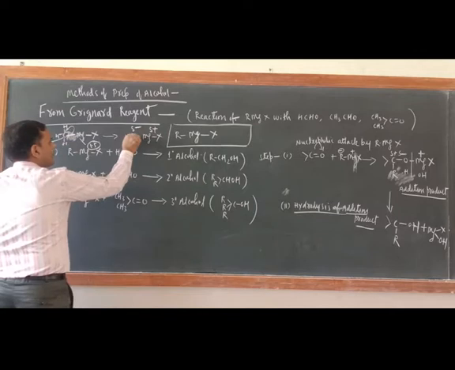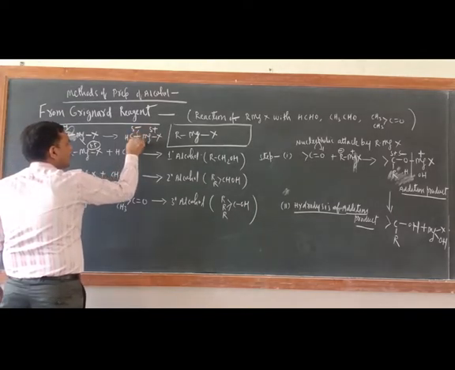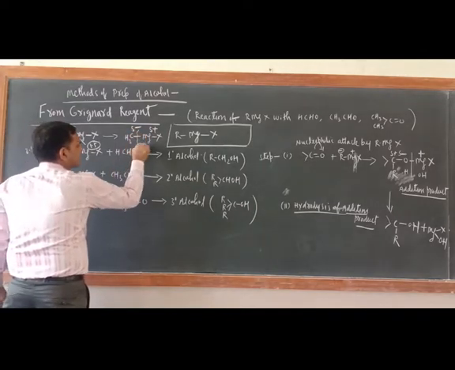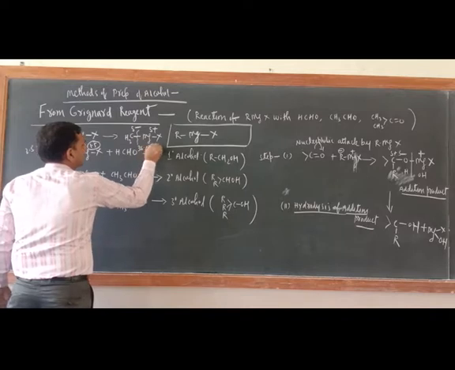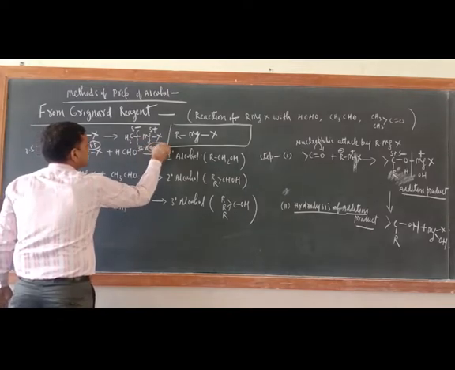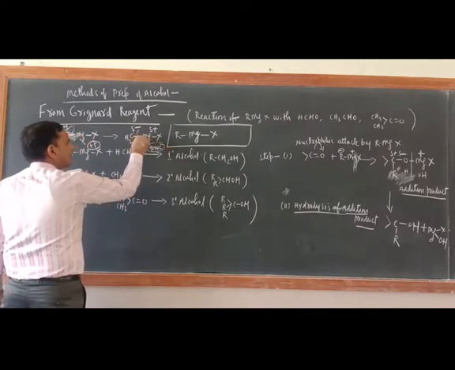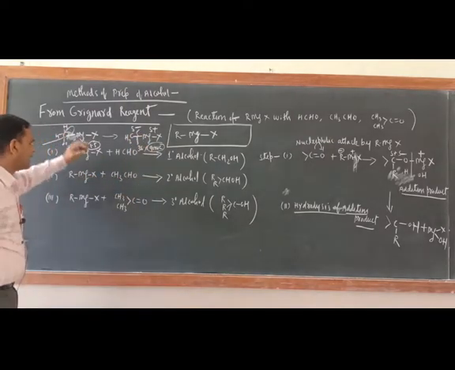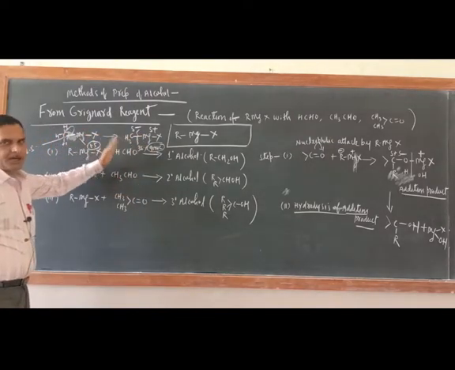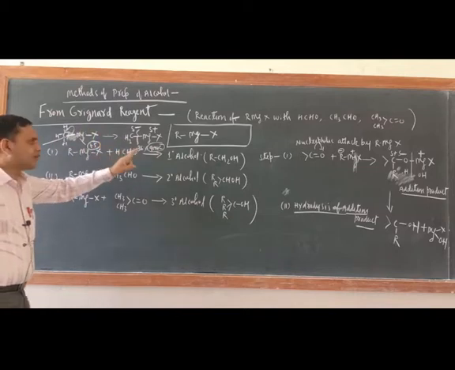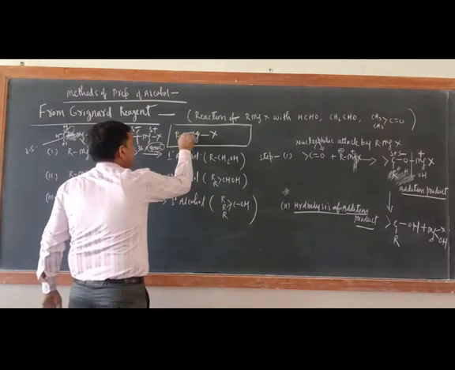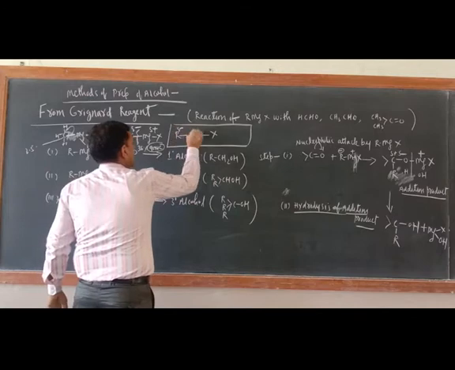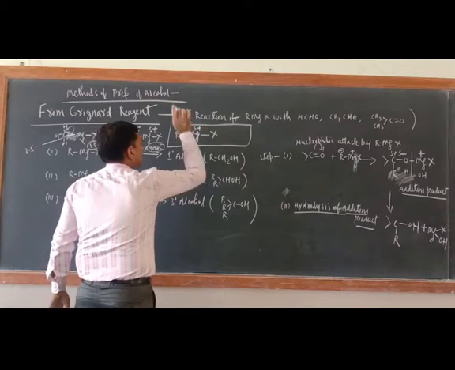Means this covalent bond is a polar covalent bond. It is 36% ionic. Actually it is a covalent bond only, but a polar covalent bond, 36% ionic. That is the characteristic of Grignard reagent. So remember, in RMgX, R is slightly negative and Mg is slightly positive.